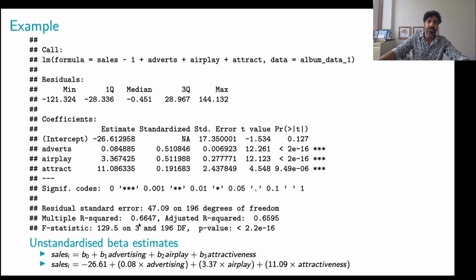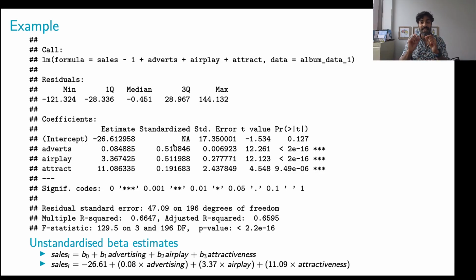But you can also use standardized to get a more interpretable estimate, because with these values you can say for every 1 standard deviation increase in adverts, there's a 0.51 standard deviation increase in sales after controlling for airplay and attractiveness. Similarly, for every 1 standard deviation in attractiveness, there's a 0.19 increase in sales after controlling for airplay and adverts.